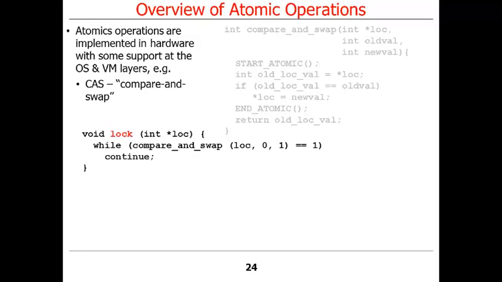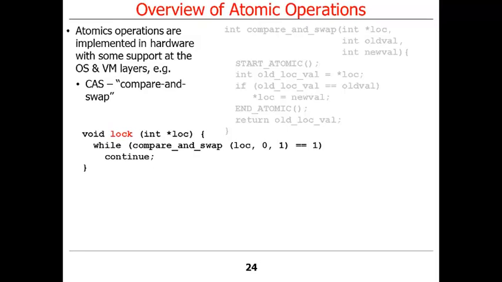So what this is doing is it's saying, as long as this thing is 1, in other words, as long as it's locked, keep looping. So what is the name of this kind of a loop? Starts with a B. Binary. It is binary, though. You're right. It's a binary check, but it's a busy wait.